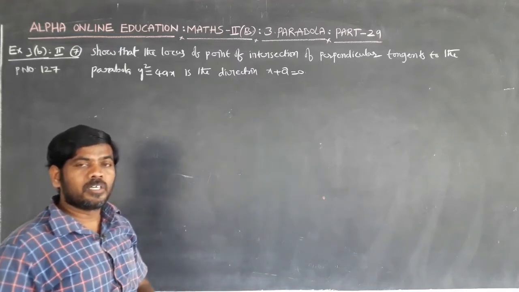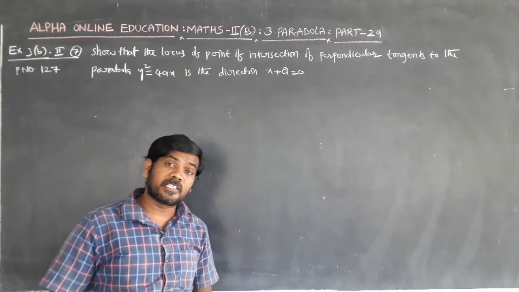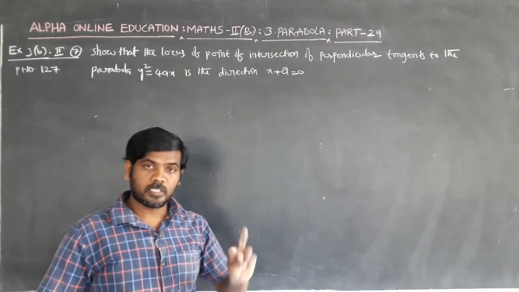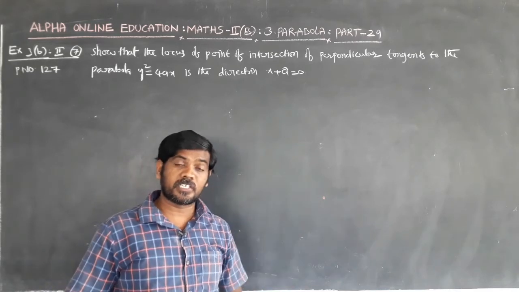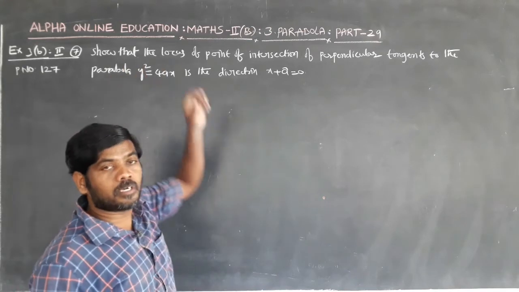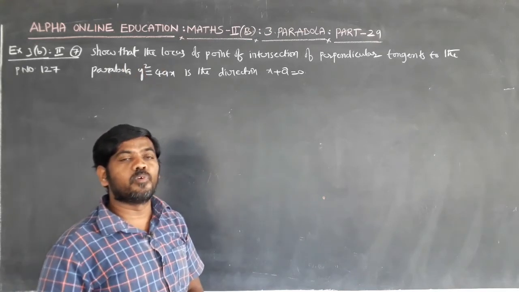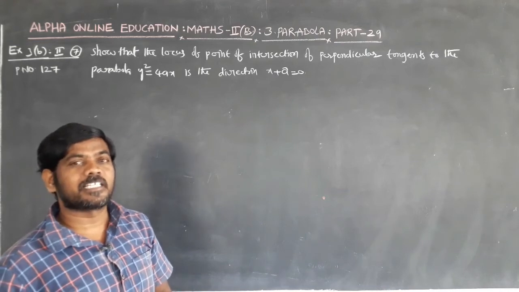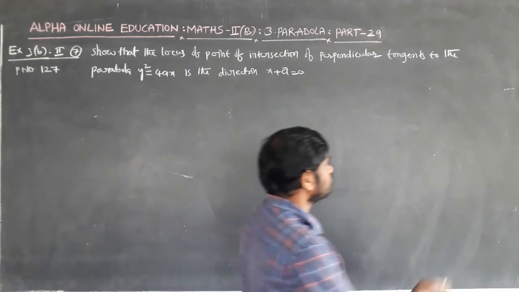Show that the point of intersection of the perpendicular tangents to the parabola y square is equal to 4ax is the directrix. Directrix means x plus a is equal to 0.